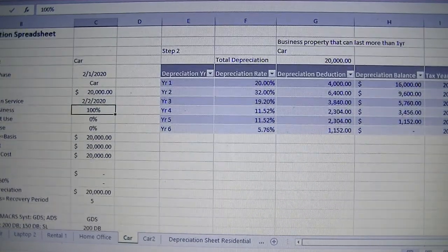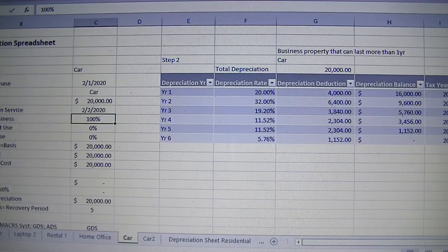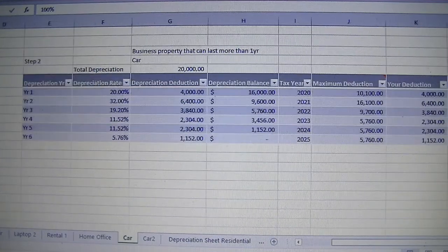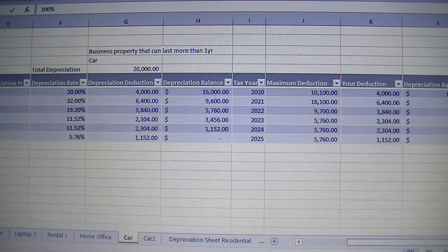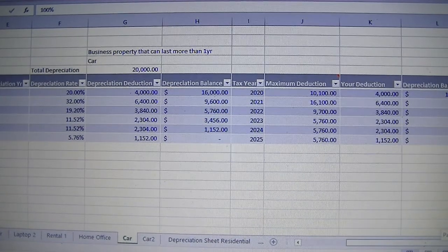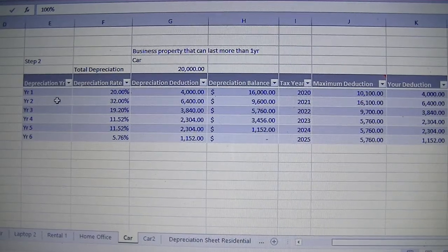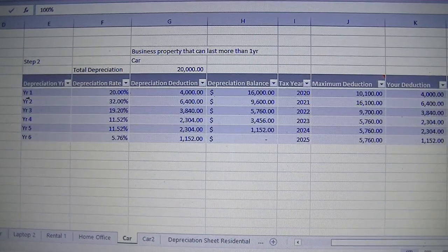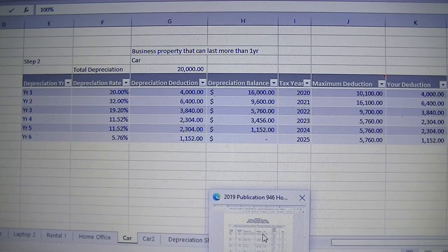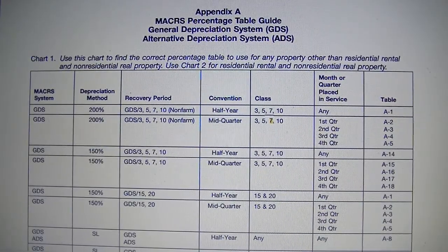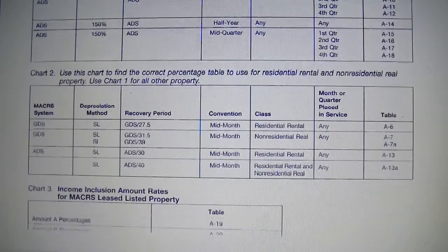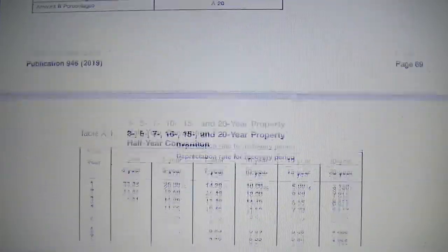Now we will complete step 2, depreciation year. We will need to copy the rate. So we know that's table A1. We will look for table A1 by scrolling down past page 9 of Publication 946.